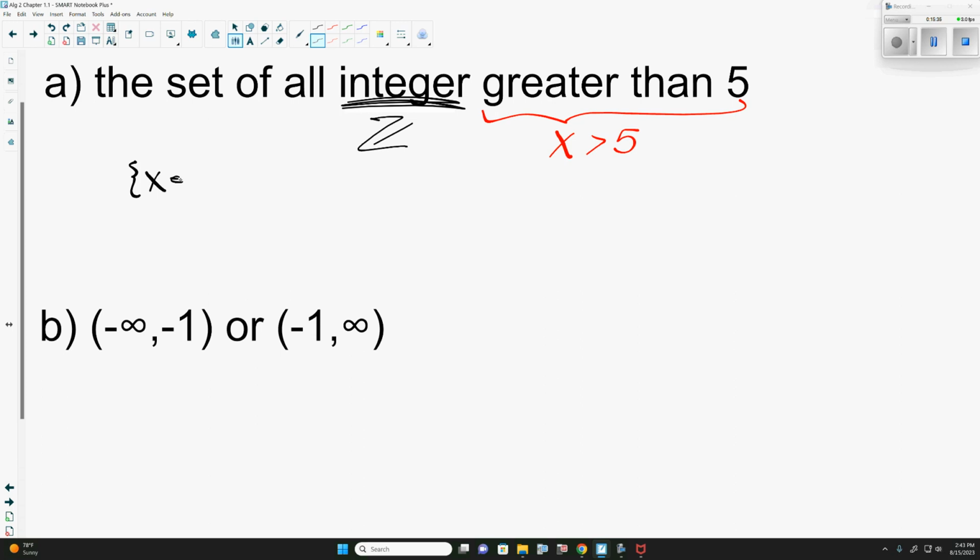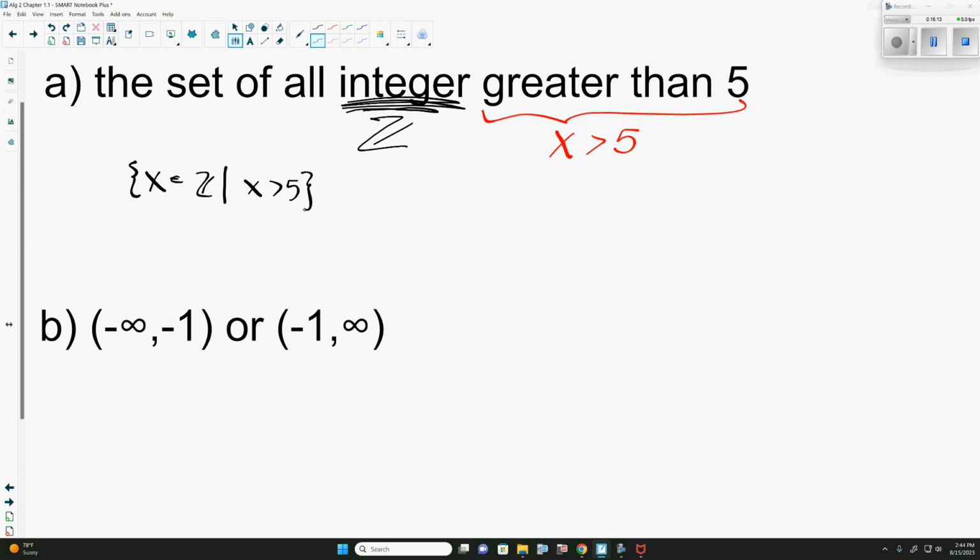What kind of numbers do we want? So x is an element of the integers, because at this point we're just talking about what kind of numbers are we working with. We're talking about real numbers, whole numbers, natural numbers, integers. So here we're saying that x is an element of the integers such that, yes. And that's it.